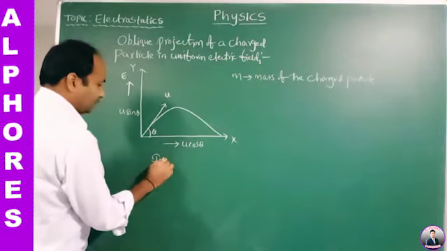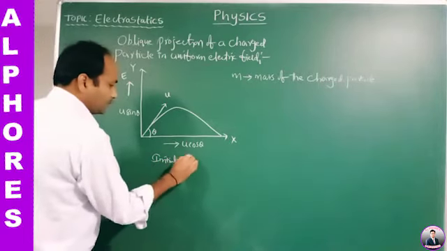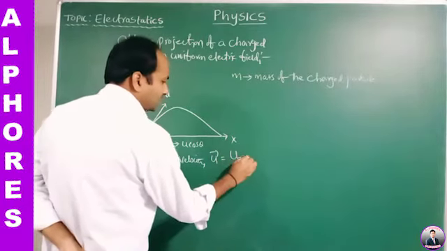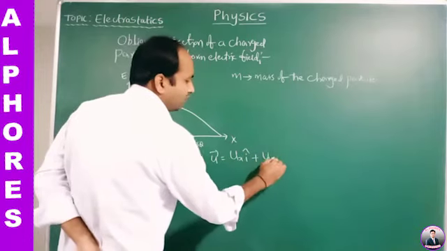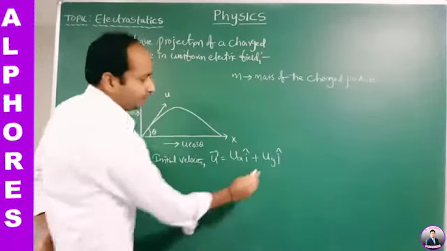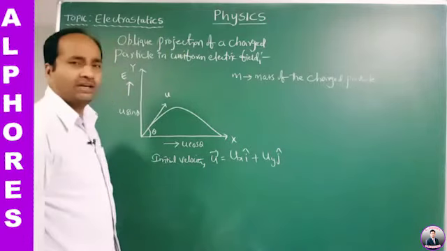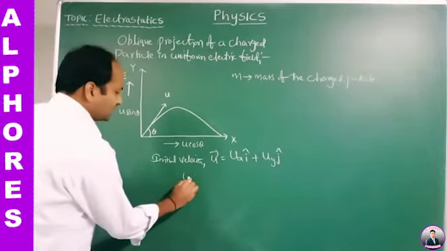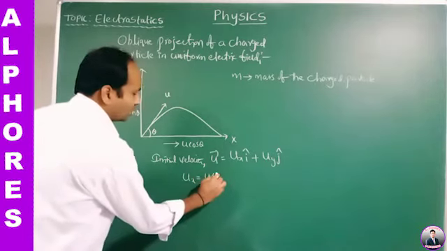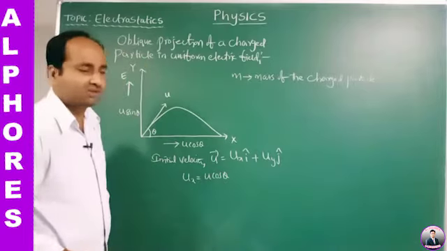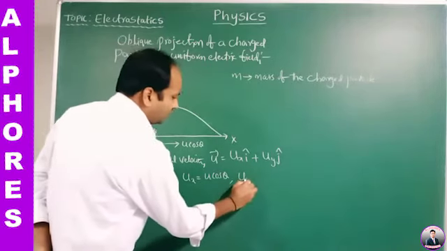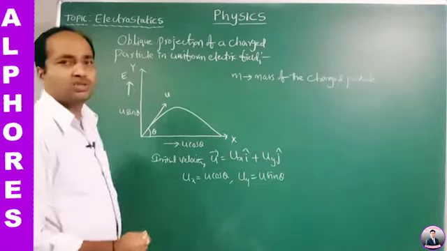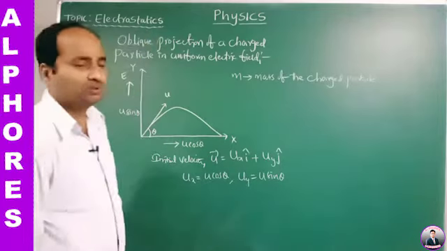Initial velocity u bar is equal to ux i cap plus uy j cap. Here ux and uy are the horizontal and vertical components of the velocity. ux is equal to u cos theta and uy is equal to u sin theta.